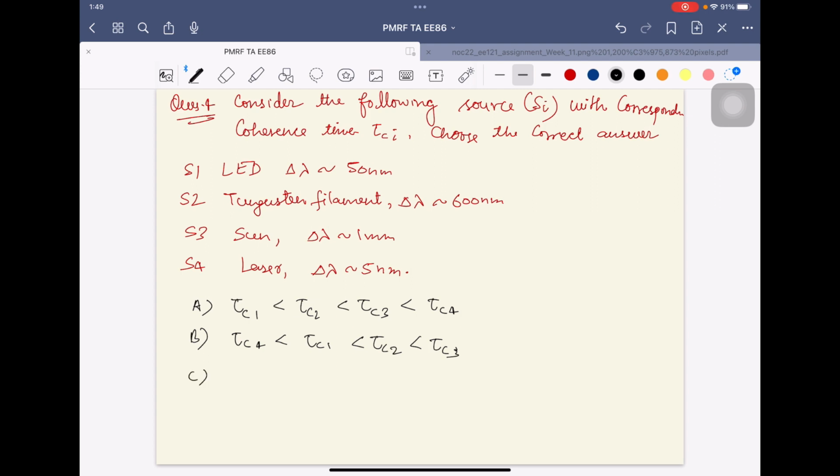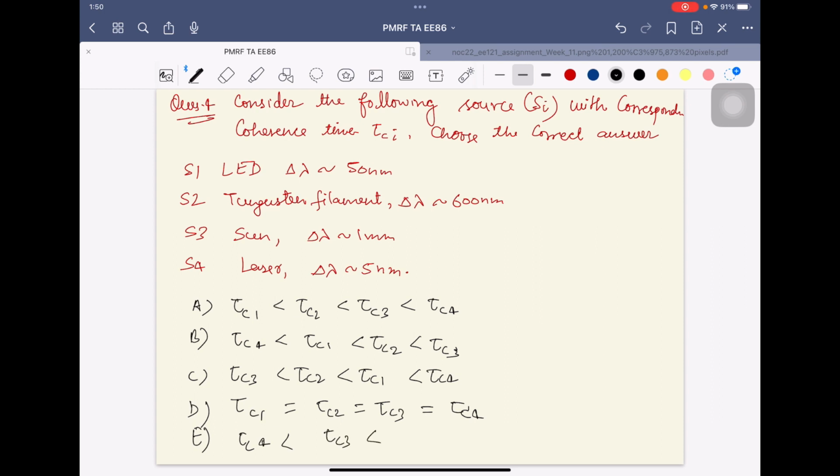Okay, third is tau c3 is less than tau c2 is less than tau c1 is less than tau c4. And option D is tau c1 is equal to tau c2 is equal to tau c3 equal to tau c4. And E is tau c4 is less than tau c3 is less than tau c2 is less than tau c1.